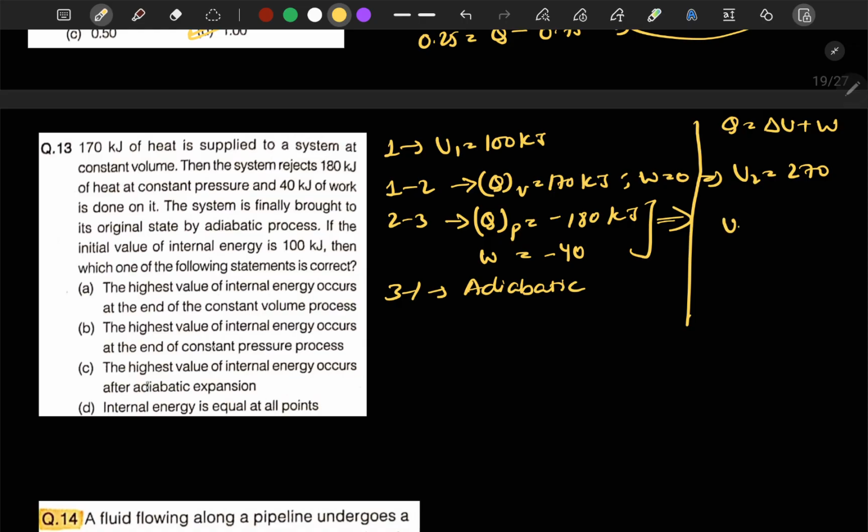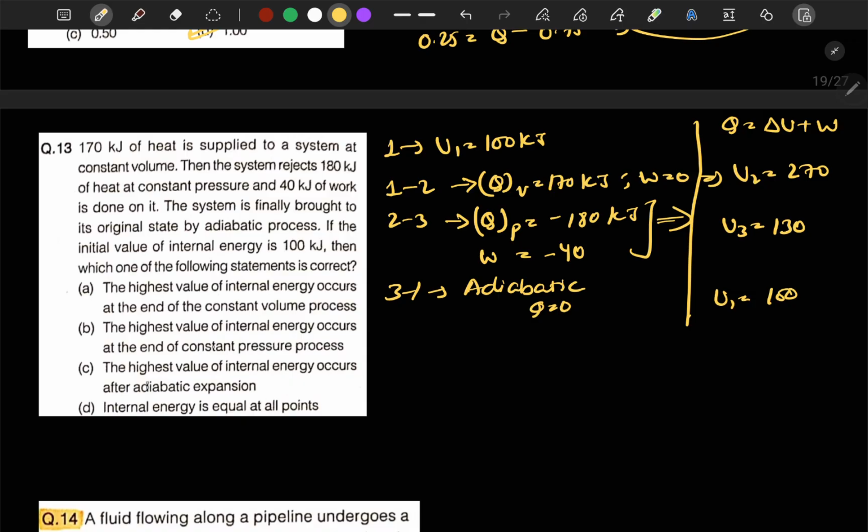So U3 is equal to 270 minus 140, which is 130. Next, for adiabatic we know that Q is equal to 0, so we can directly get work done from this, because U1 is already given as 100. But let's see the options first.